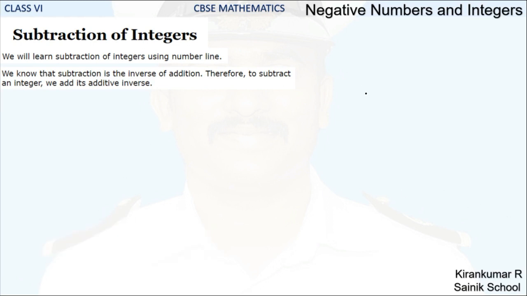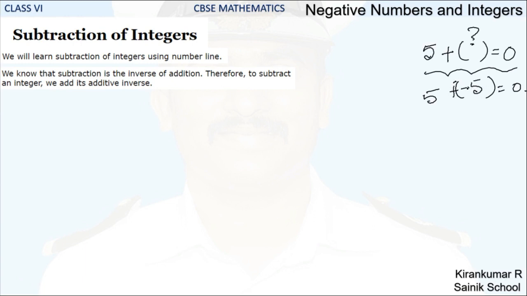Given a number, say 5, if you add one more number so that the sum becomes 0, it is called the additive inverse. So for example, if 5 and minus 5 are added together, the result is 0. We have seen this in the previous session.